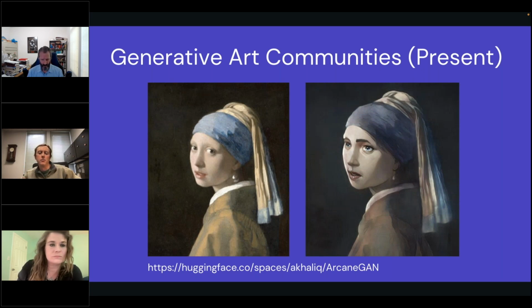For instance, here's an example of Girl with a Pearl Earring being recontextualized in the style of the Netflix anime series Arcane. So we have these large fandom communities on the internet that are constantly reworking all of this older media. And so then the story is really complicated.